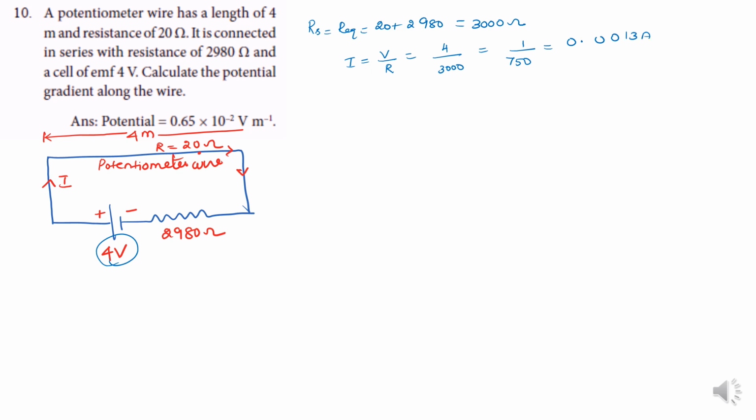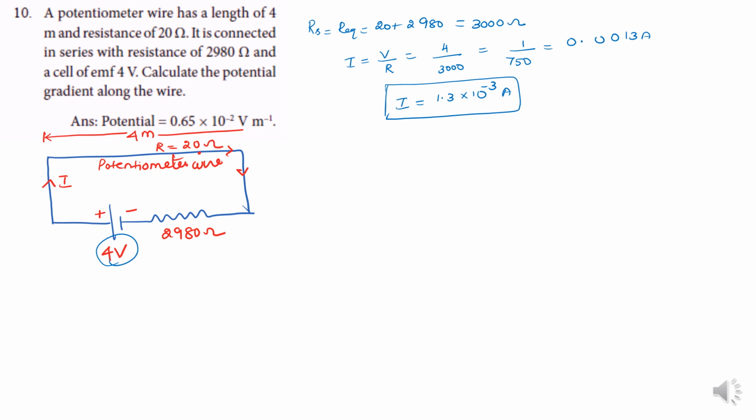So the current flowing through the circuit I is equal to 1.3 into 10 power minus 3 amps. Okay, this is the current flowing through the circuit. Okay, but we are asked to find the potential gradient along the length of the potentiometer wire.